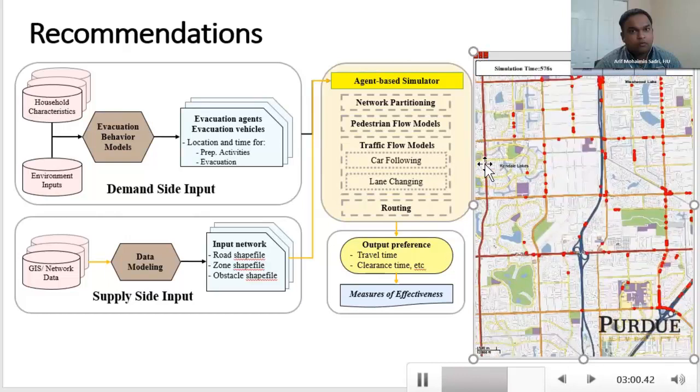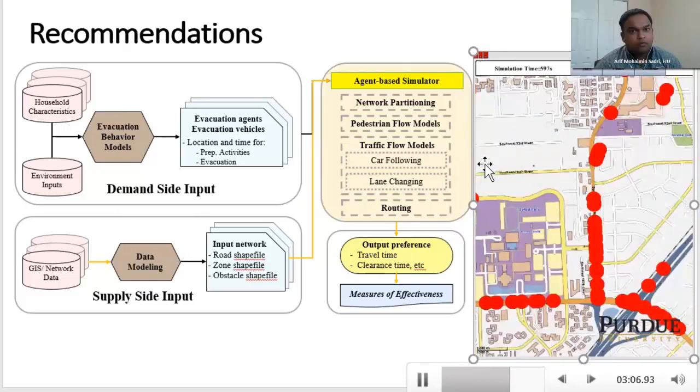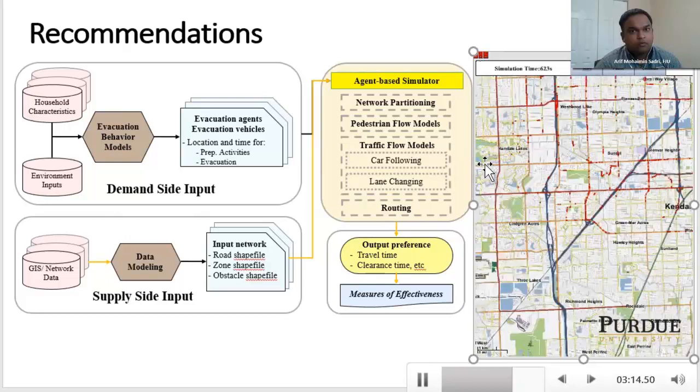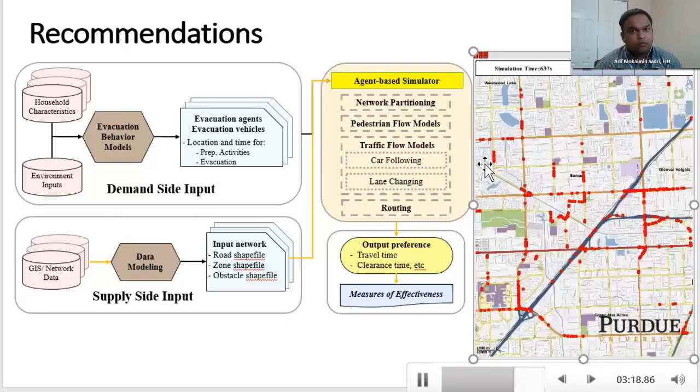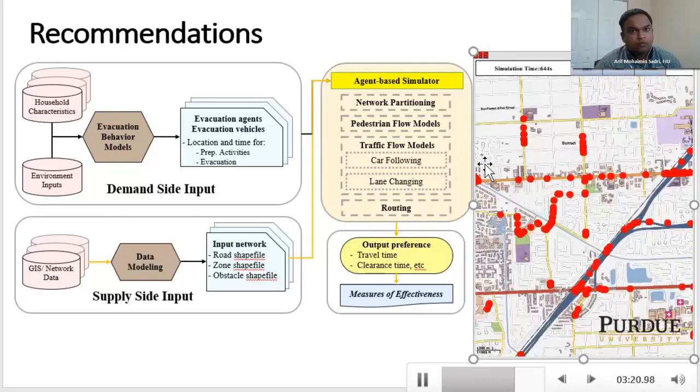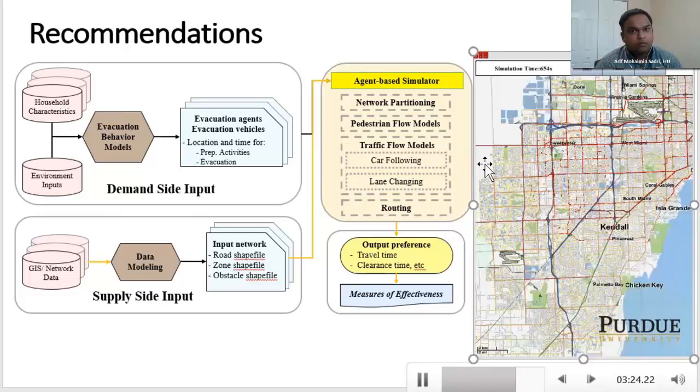So you now take some of the existing traffic flow models integrated into this evacuation simulator to understand the evacuation performance. But in the case of tsunami, we see a lot of vertical evacuation and pedestrian evacuation. There are also some studies on how quickly people can walk depending on their age or something. So we need to capture those variations also in these supply side models.